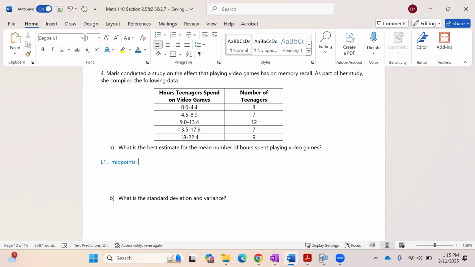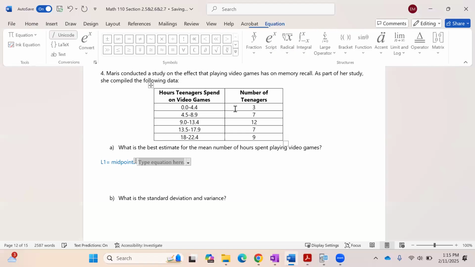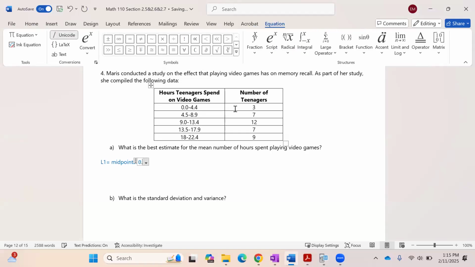So the midpoint from 0.0 to 4.4: 0.0 plus 4.4 divided by 2 comes out to be 2.2.